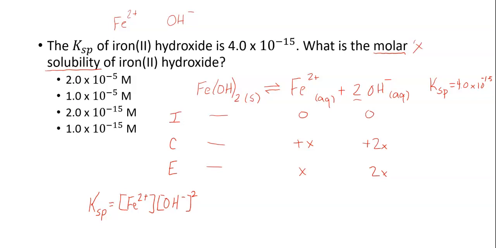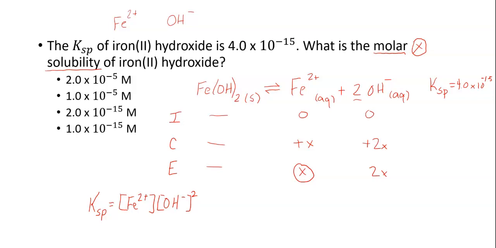Because in this case, x is the concentration of Fe2 plus that is produced by the dissolution of Fe(OH)2, and for every one Fe(OH)2 that dissolves, it's producing one Fe2 plus ion. So the amount of Fe2 plus that's produced is the same as the amount of Fe(OH)2 that is dissolving. That's why the molar solubility is just x.